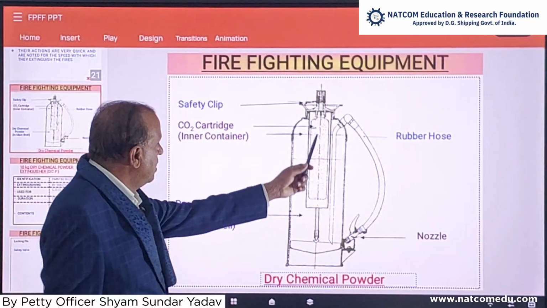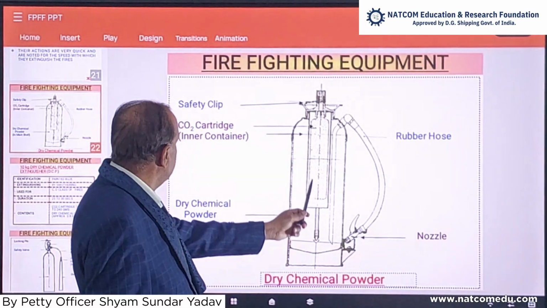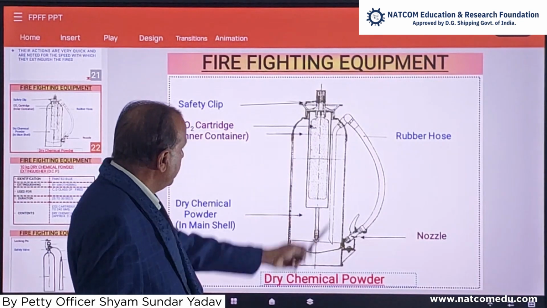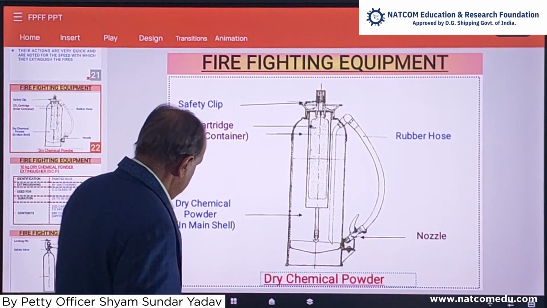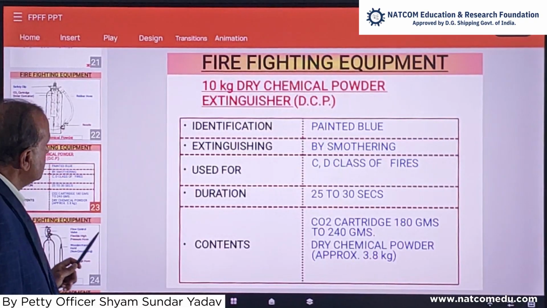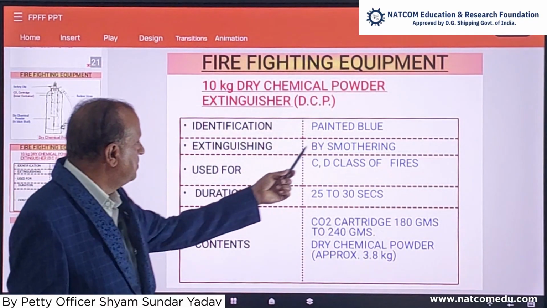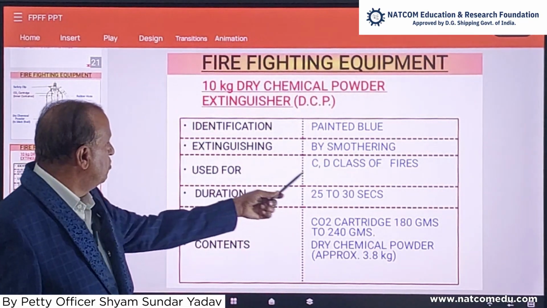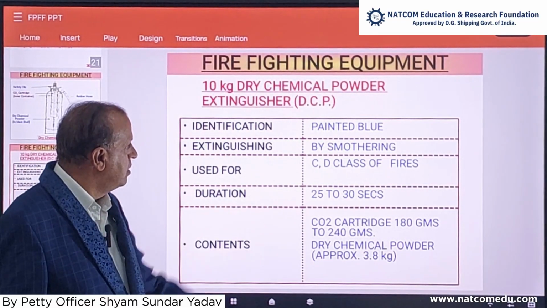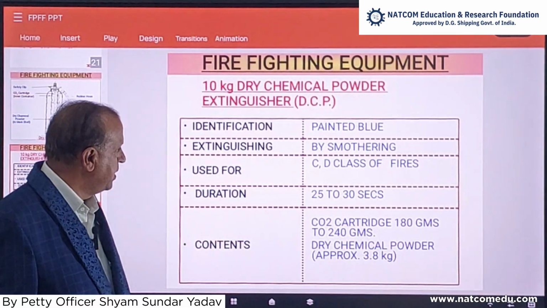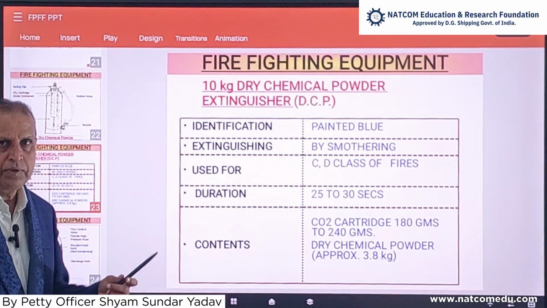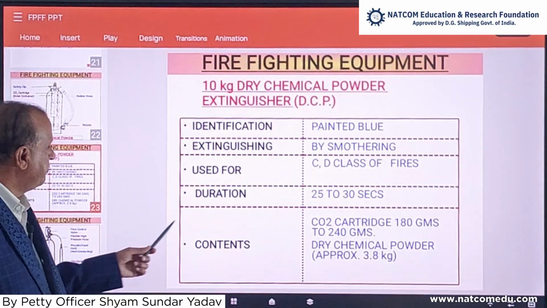So you can see here, it is clearly showing a cartridge, and this is the safety clip. Again, identification: painted blue, smothering, use on fire: C class, D class fire. Duration depends upon the size of the cylinder. Capacity may be 4.5 kg, 10 kg.